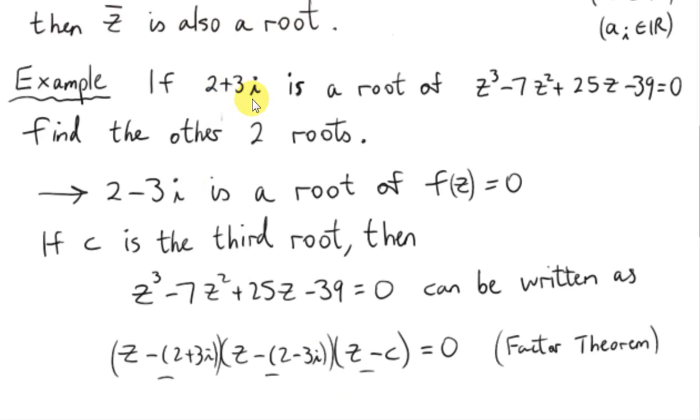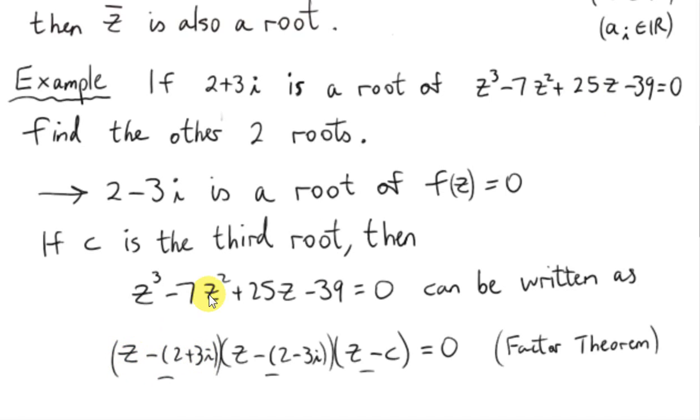If 2 plus 3i is a root, it means that z minus (2 plus 3i) is a factor. We saw this in algebra, although in the algebra section we were dealing with real roots. We didn't see complex roots, but it's the same idea. If we have a root of a polynomial equation, then x minus that root gives us a factor.